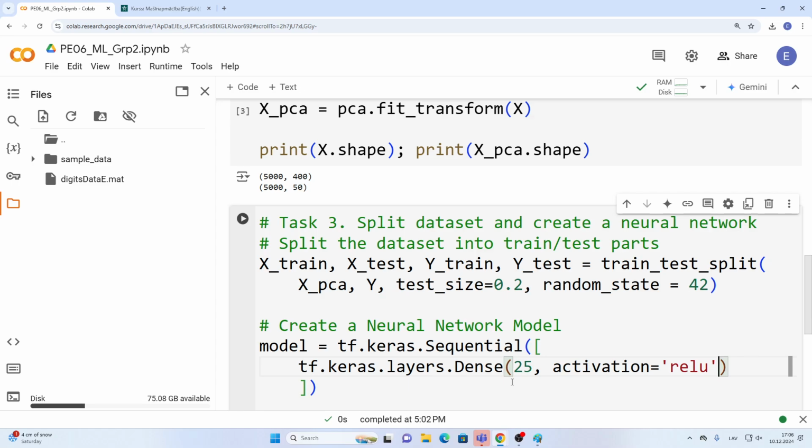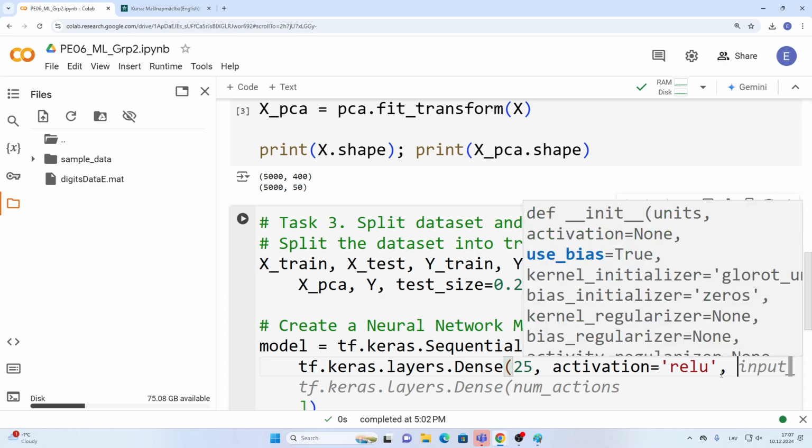Now, this first layer is special in a sense that it's actually describing two layers, both your input layer and hidden layer number one. So here you also need to specify what is the input dimension of your neural network. How many inputs do you specify for it?